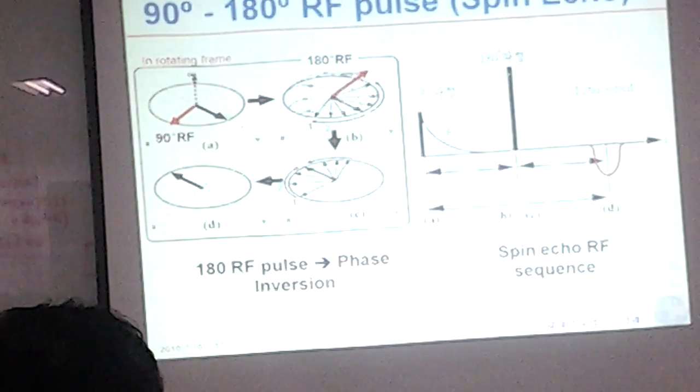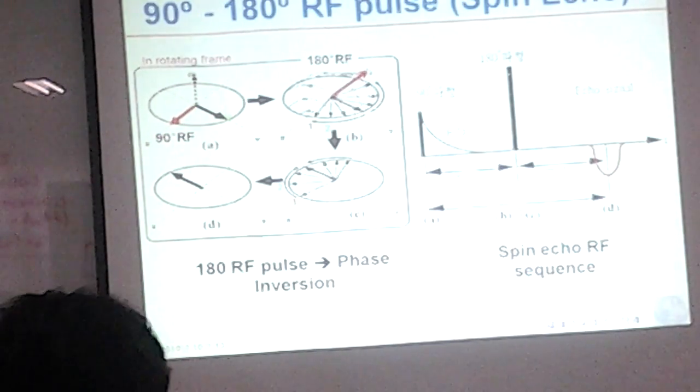As I said before, the RF pulse direction should be like this because this arrow is already drawn in the textbook. So I think the textbook had some mistakes in the direction of RF pulses.